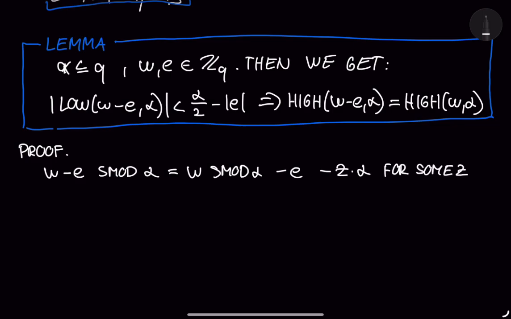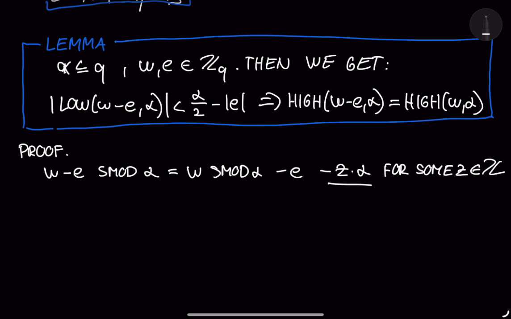So the modular operation in a sum can just be applied to all these individual terms. And this is the same for S mod. We just have to be sure that in some cases, for some z, z alpha is subtracted.